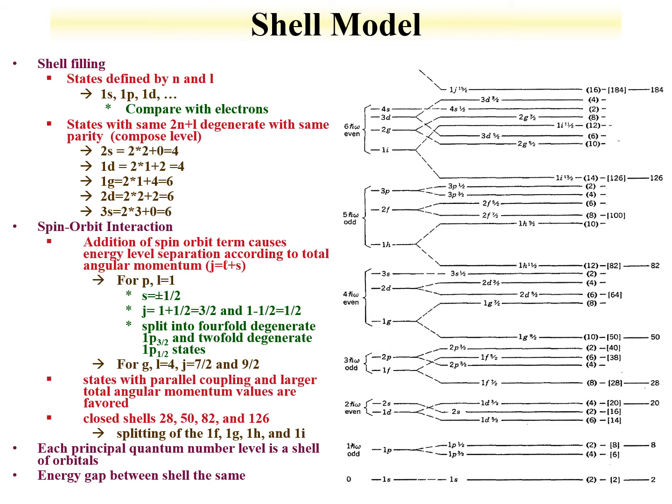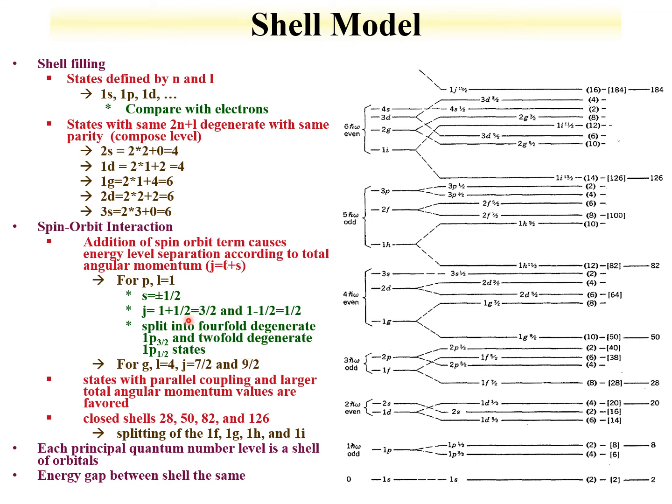As an example, we could take the p states, where l is equal to 1. The spin is either plus 1/2 or minus 1/2. So the splitting of the p states will give either a 3/2 or a 1/2 state.